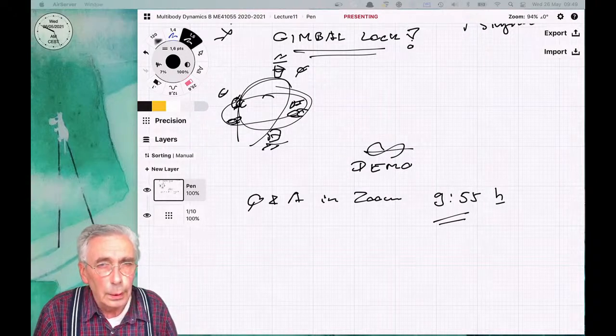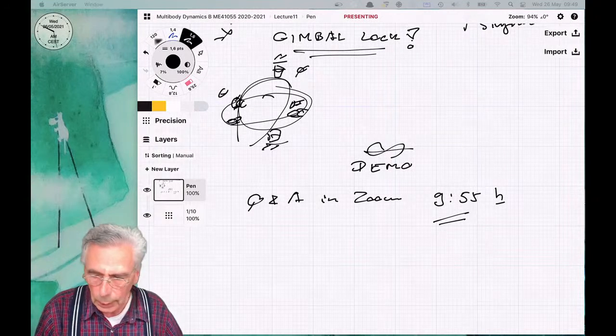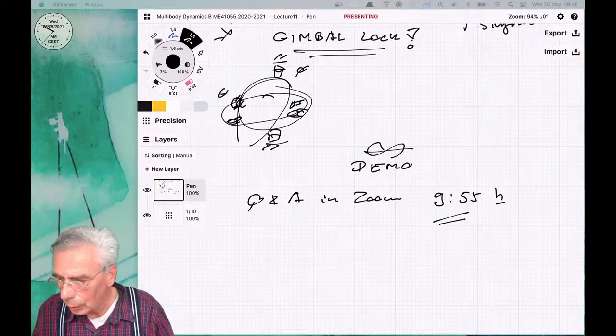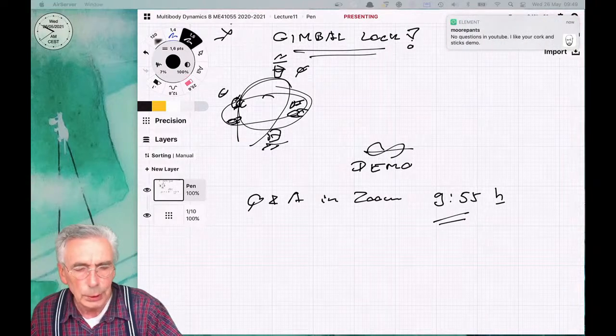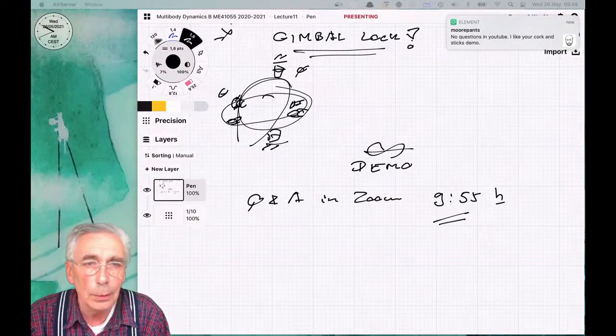Okay, I can leave that, and then we go to the Zoom. I stop this and we go to the Zoom. That's how it goes.